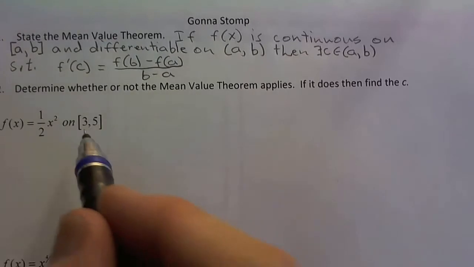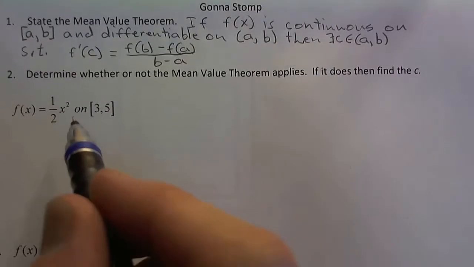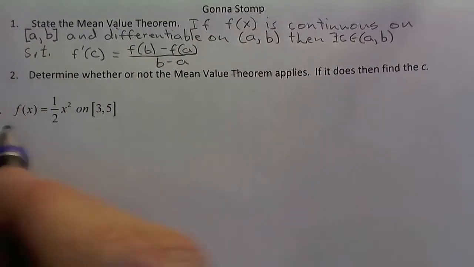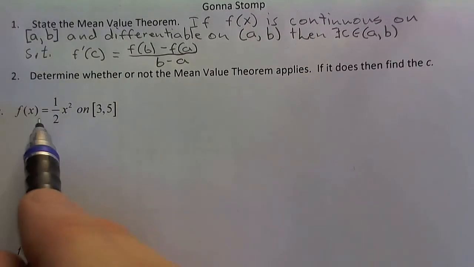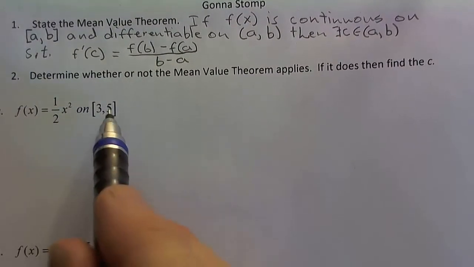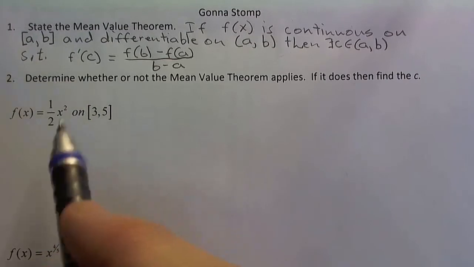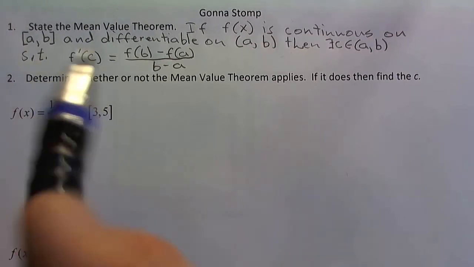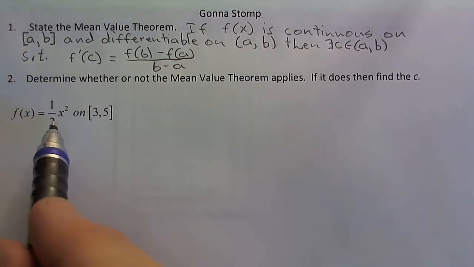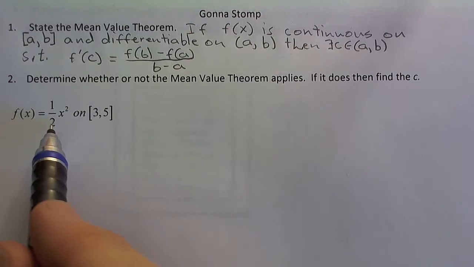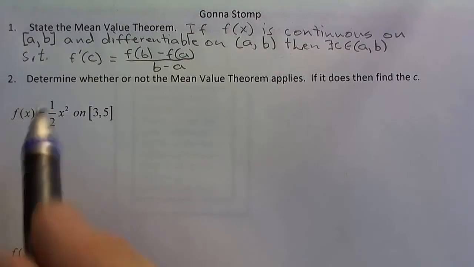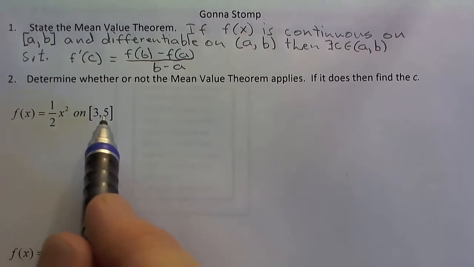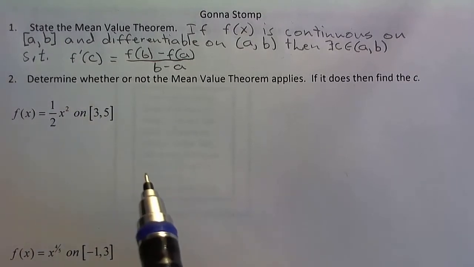Now, then we need to know how to apply it. So, or at least, work with it. So here we've got a function 1/2 x squared, and we want to know, does the mean value theorem apply? Well, this function right here is continuous and differentiable every place. It's a polynomial, so it is continuous and differentiable on this interval.